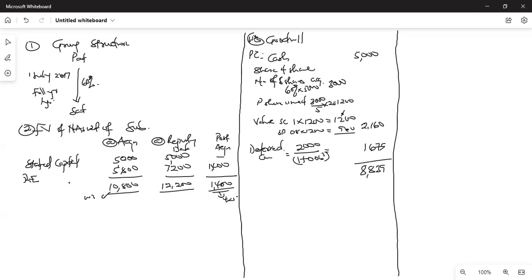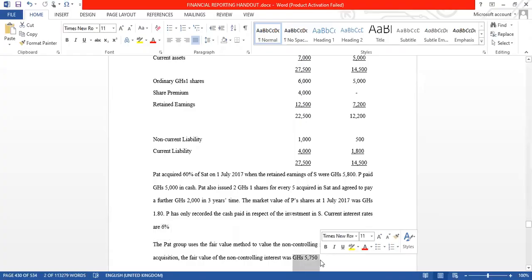Okay, don't forget we are continuing. So what do we need to bring? Add fair value of NCI at acquisition. It is fair value. So the question gave it to us. How much was that? We had NCI at acquisition 5750.